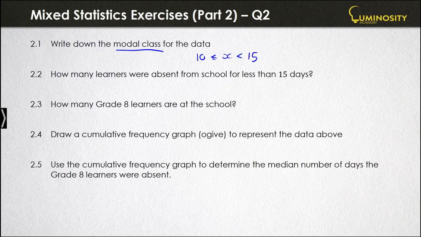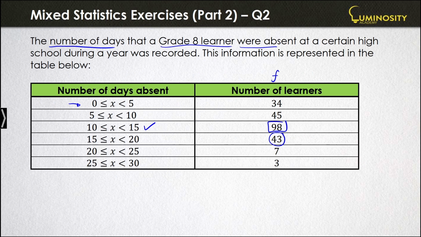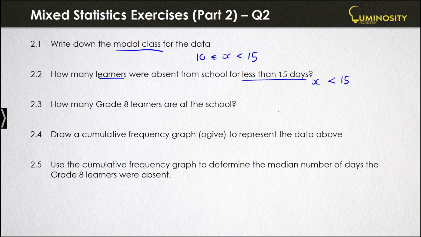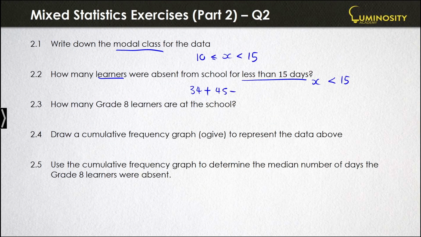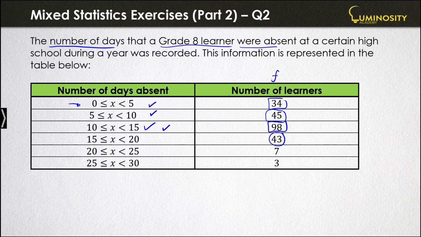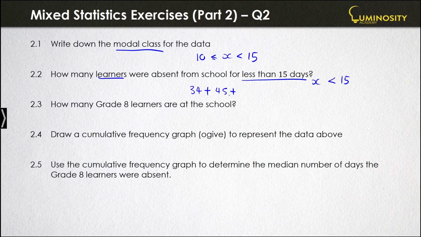All right, how many learners were absent from the school for less than 15 days? So X being less than 15, that means it's this interval, but it's also this interval and that interval, because those are also less than 15. So we would add up these numbers: 34 learners plus 45 learners plus the 98 learners.